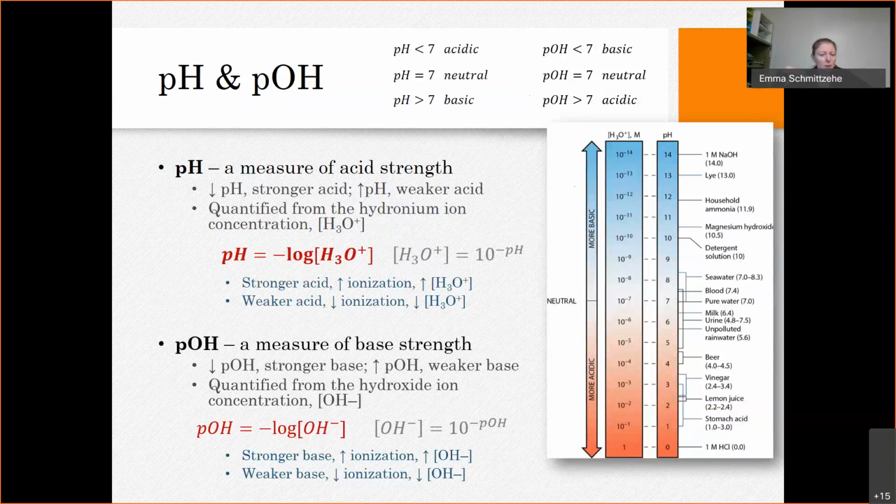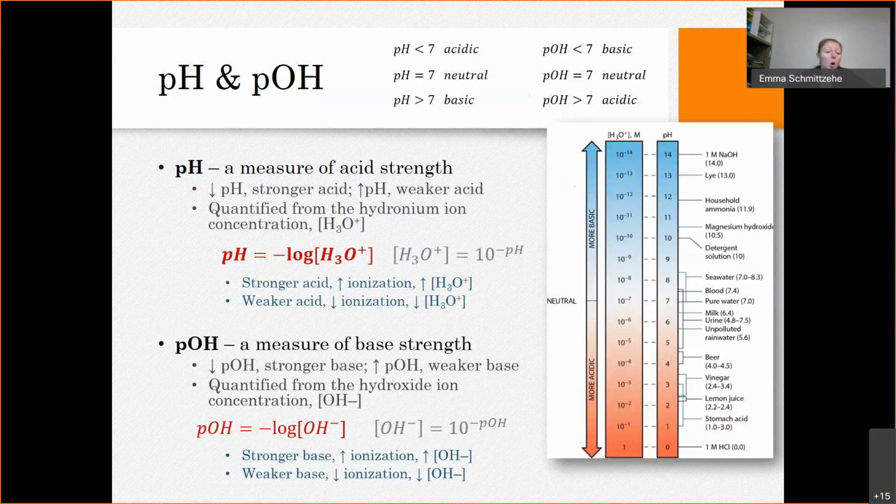We don't use pOH very often, but it is good for you to realize that we could quantify it that way. And so if someone does want to quantify it that way, you should be familiar with what it is. Okay, and so instead of quantifying the amount of hydronium ion, it's quantifying this based on the hydroxide ion concentration.